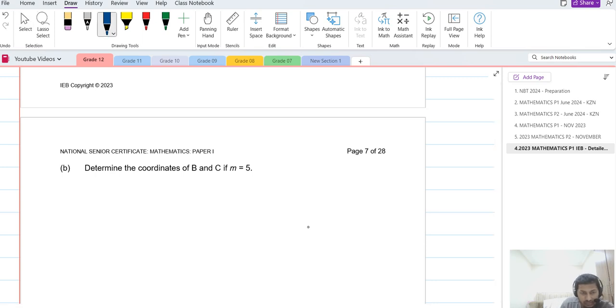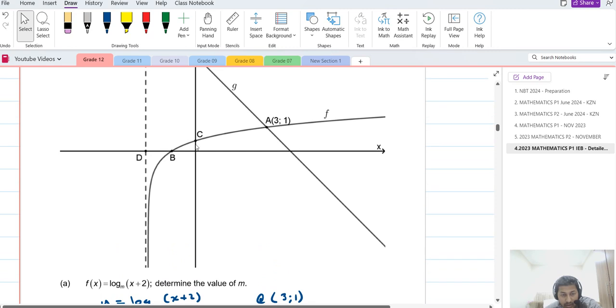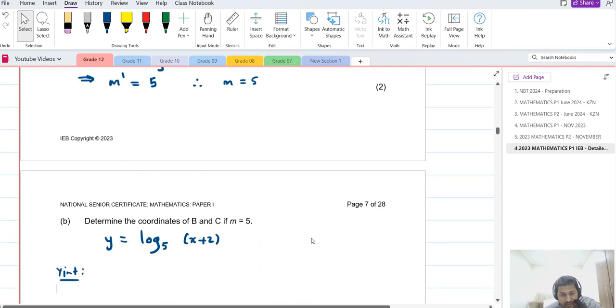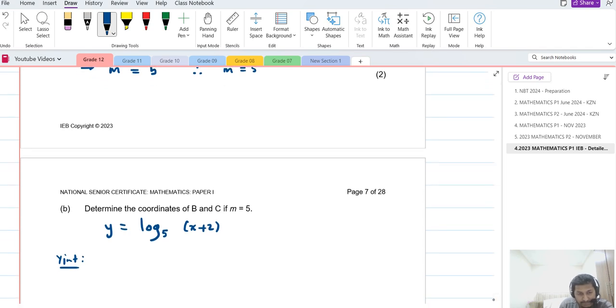So y equals log of (x plus 2) base 5. We want the y-intercept. The y-intercept is found by making x equal to 0, right? So y equals log 2 base 5. I can just put that onto the calculator.